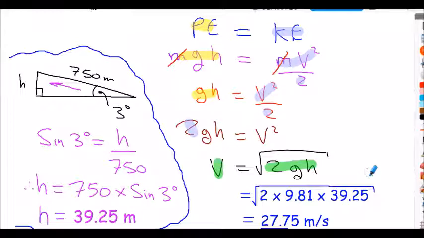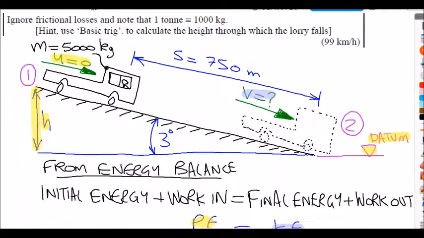Obviously we need to find the value of h, and that's calculated on the left hand side of our screen here. We go back to the original diagram. We essentially have a right angled triangle here, trying to find the opposite side to our angle, h in this case, and we know the hypotenuse, which is 750 meters.